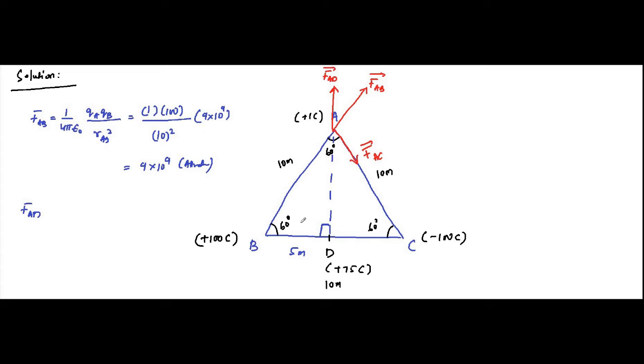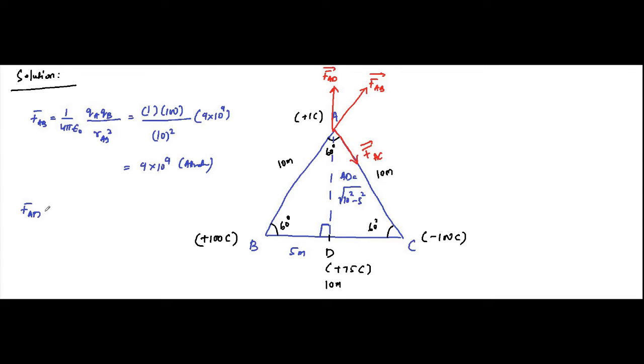Applying Pythagoras theorem, AD will be the root over of 10 square minus 5 square, the length of AD.